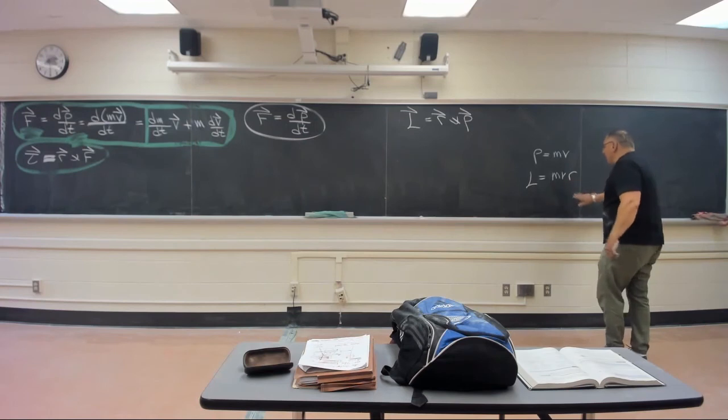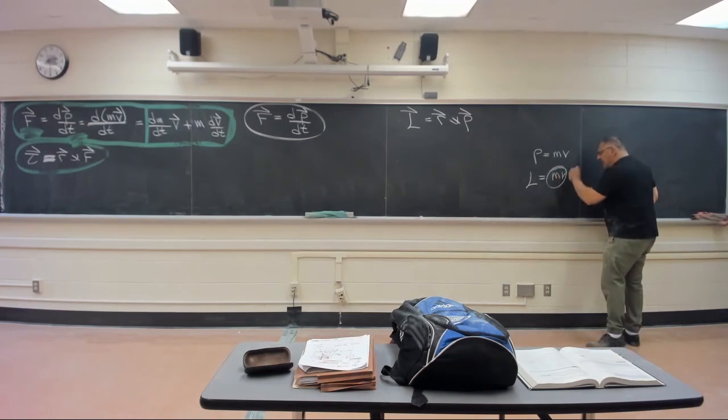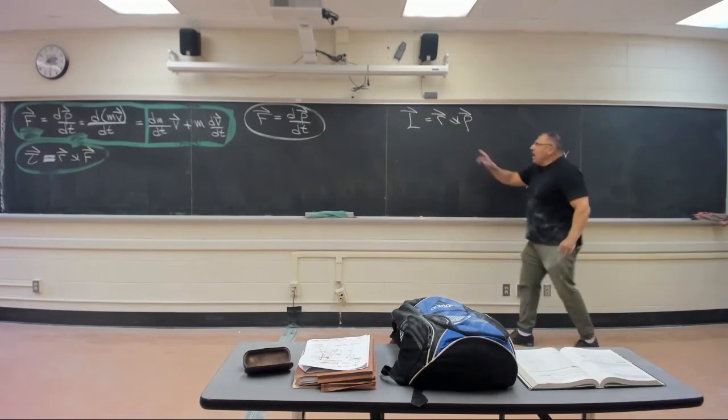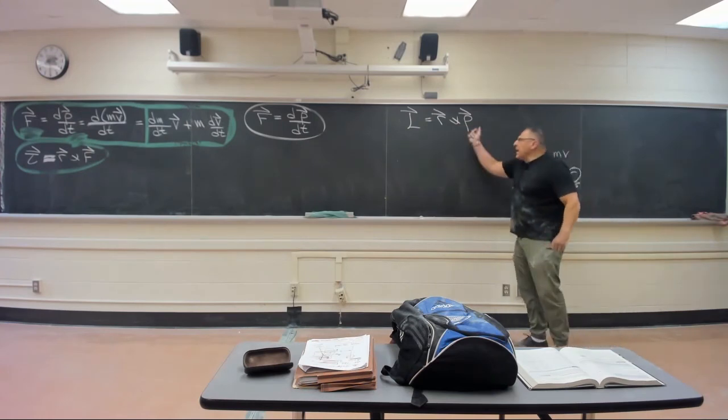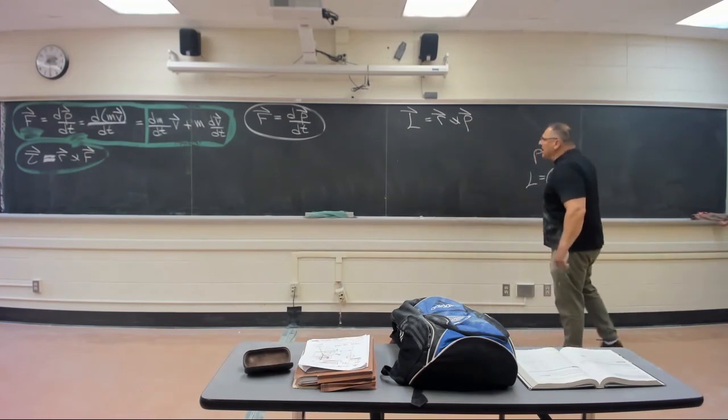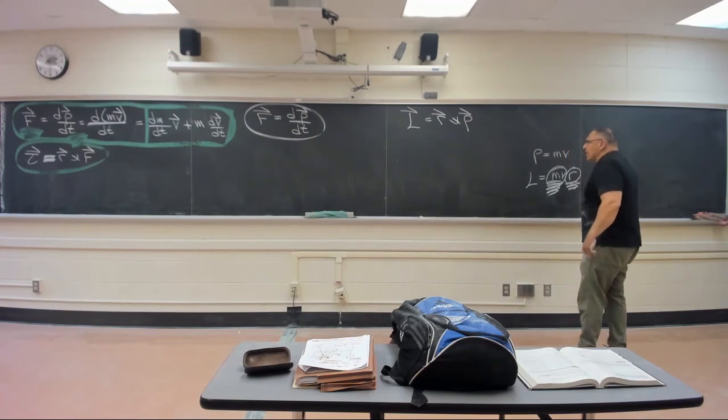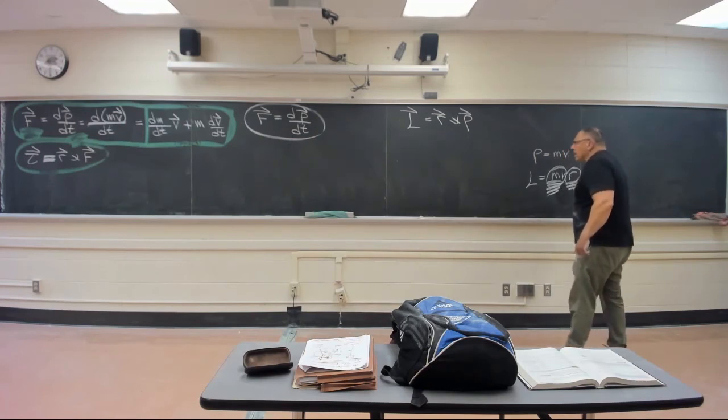So, mvr. This is P, this is R. That's P, that's R. Here's P, here's R. P times R or R times P. R cross P is how they define it. Let's talk about it.